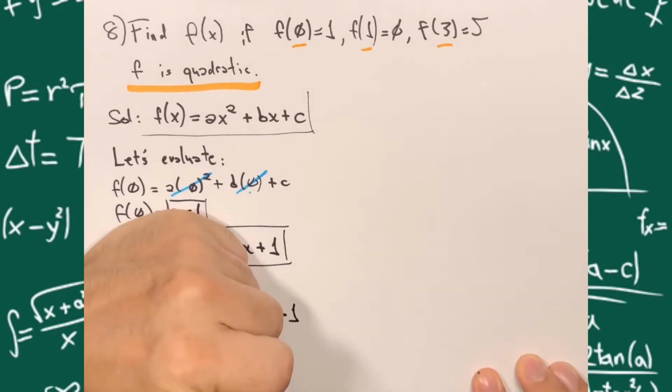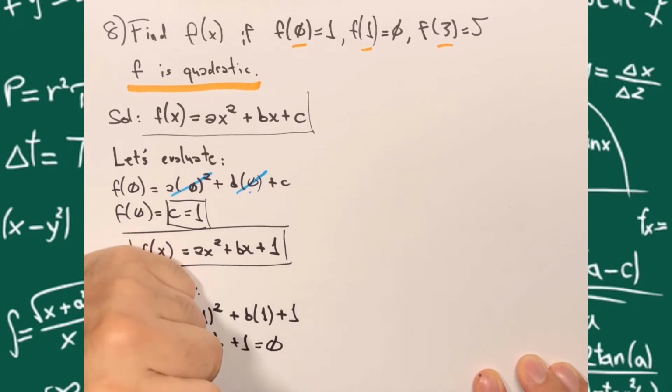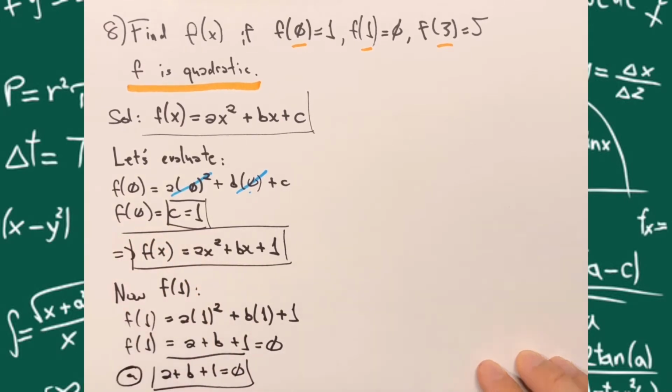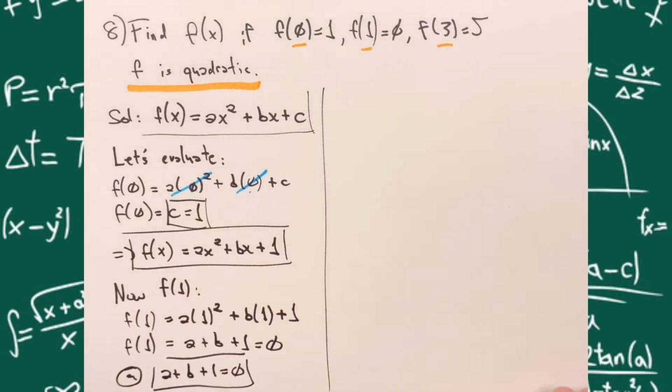Again, simply evaluating. All we have to do next is follow up with the information that the problem gave us at the beginning: f of 1 equals 0, therefore a plus b plus 1 equals 0. And this is going to be our first equation in the system of equations that we're going to use to solve the remainder of the problem.